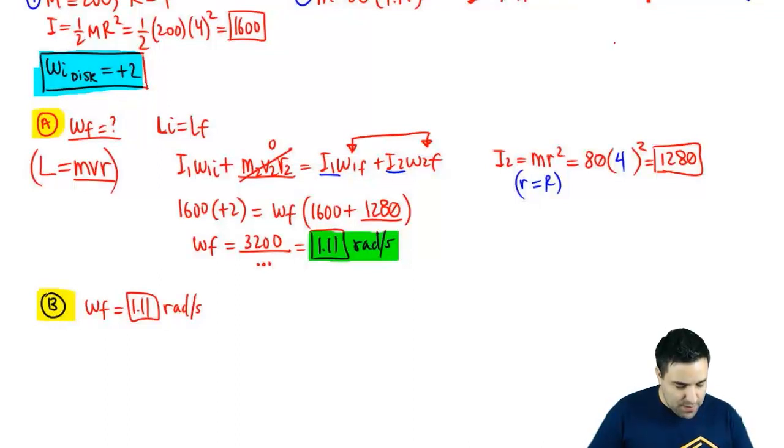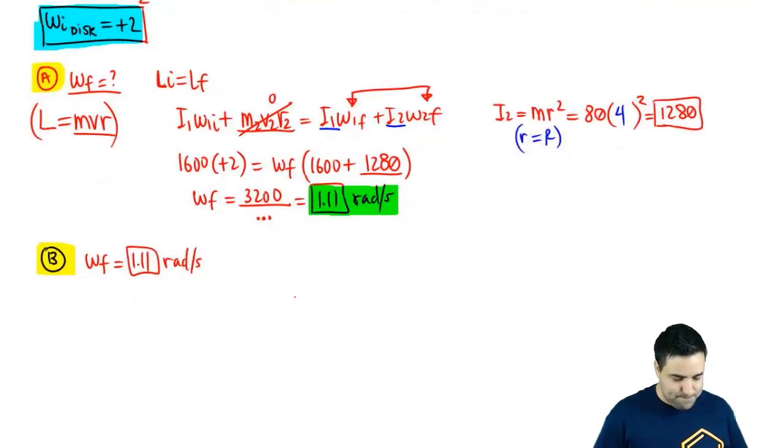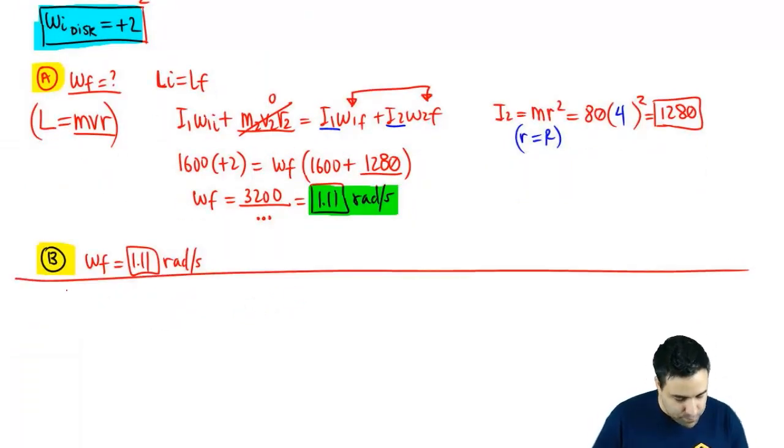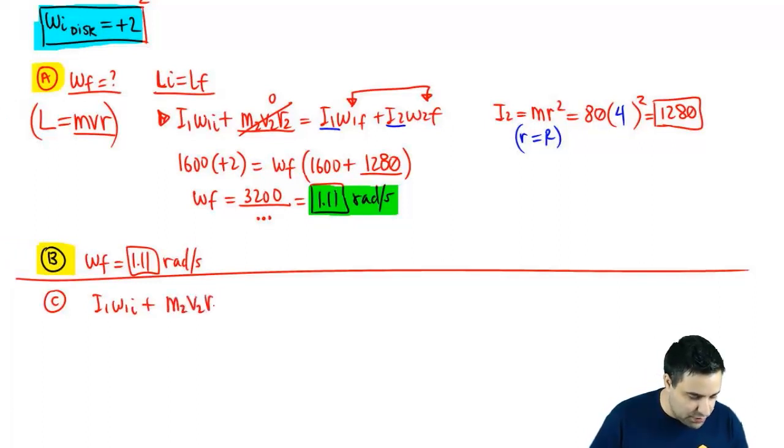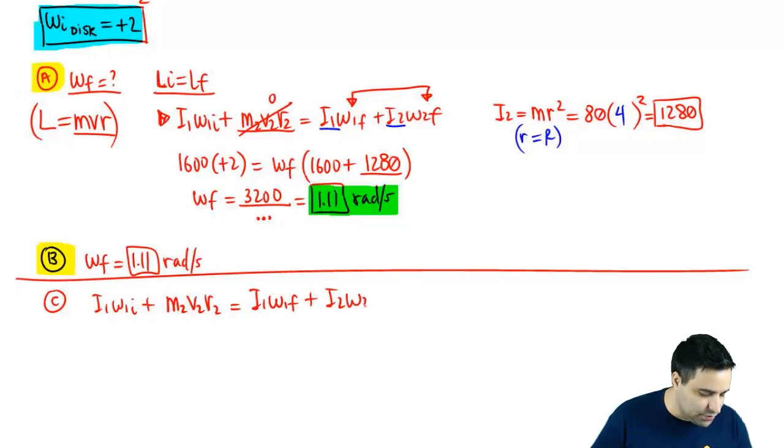All right, so same setup. I'm going to have L initial equals L final. Let's make some space here for part C. L initial equals L final, which means I can write this equation here. I1 omega 1 initial plus M2 V2 R2 equals I1 omega 1 final plus I2 omega 2 final.